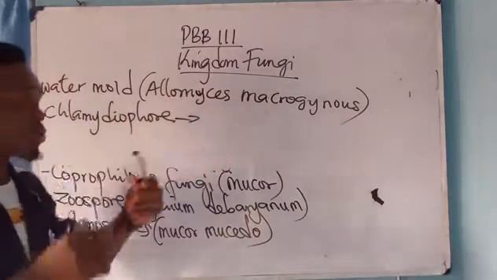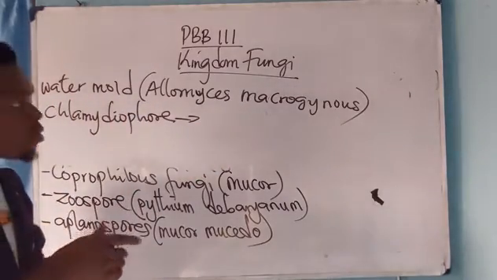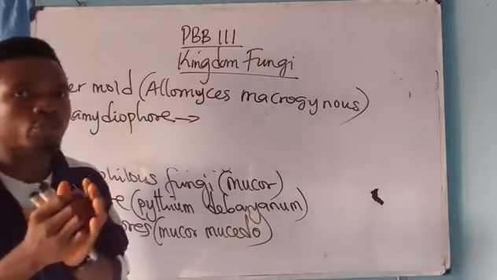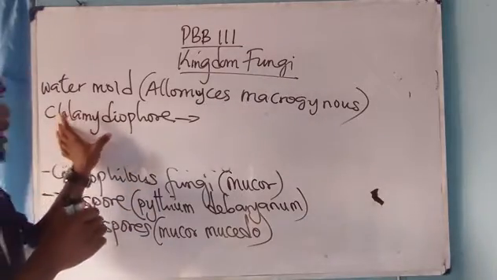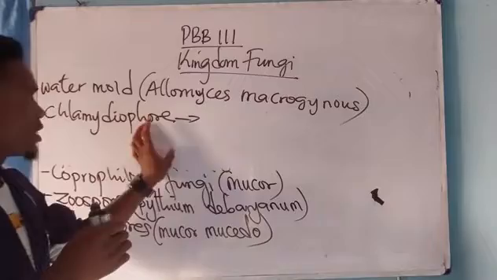Allomyces macrogynous produces a spore during unfavorable conditions, and these spores are called chlamydospores. Take note of that.